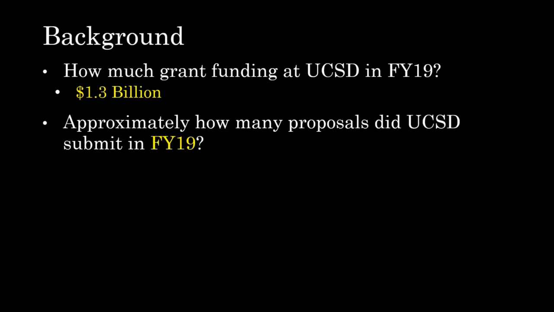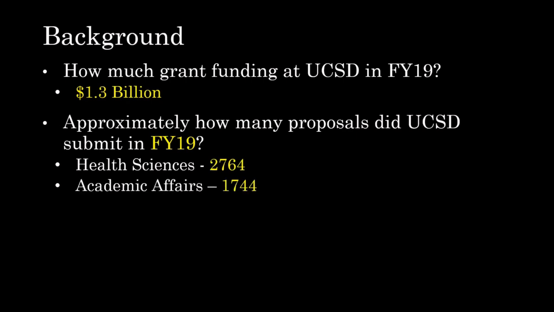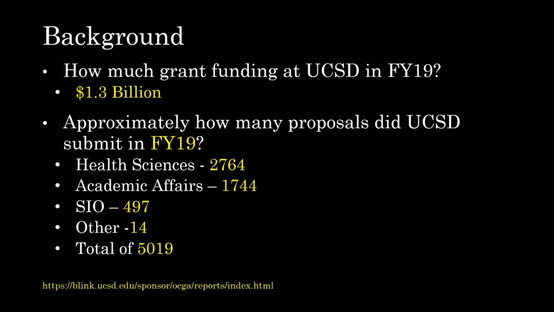And approximate amount of proposals, we submitted a little over 2,700 in health sciences. Academic affairs, your general campus, submitted about 1,700, and then SIO just a little under 500 at 497. The other, which I'm not exactly sure who other is, but we did 14 of those proposals, and then the total is about 5,000 proposals submitted.